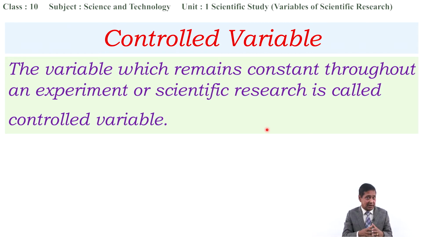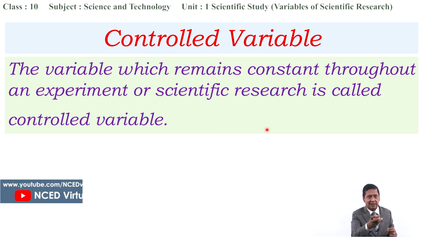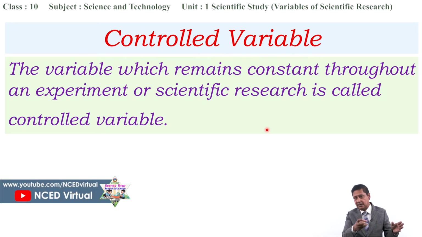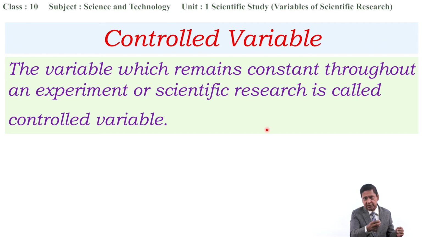But throughout the experiment, we have to take care about the sunlight also. If one of the plants is in bright sunlight throughout the day, another is in less sunlight because it is in a certain place where sunlight is not proper, maybe in shade.